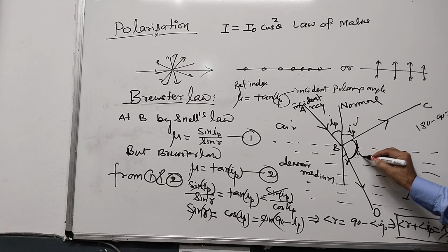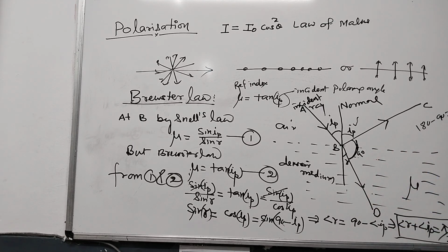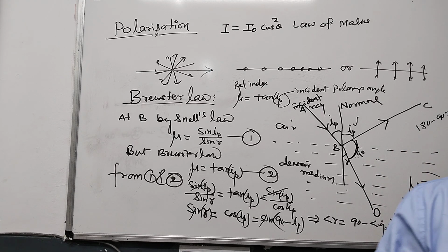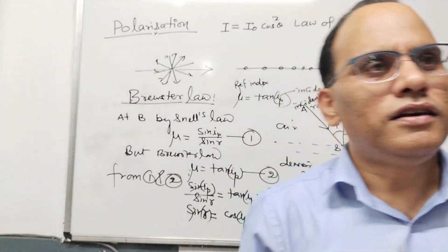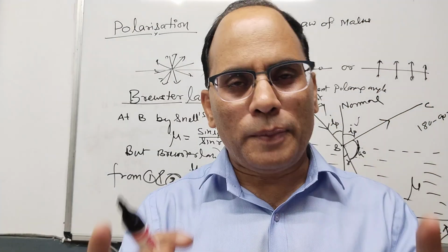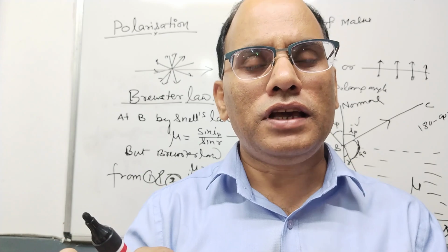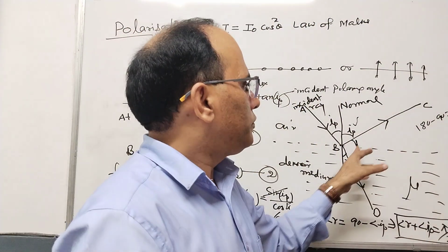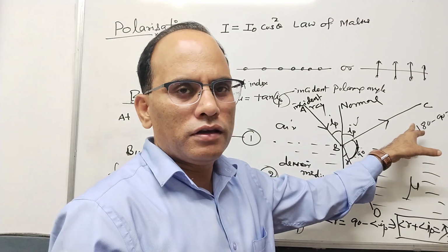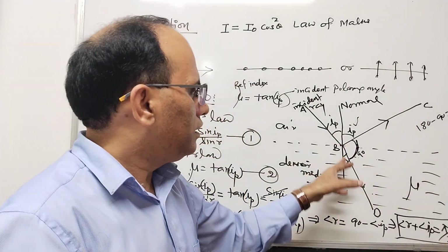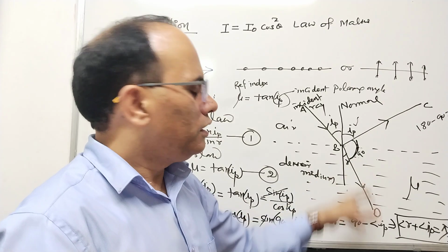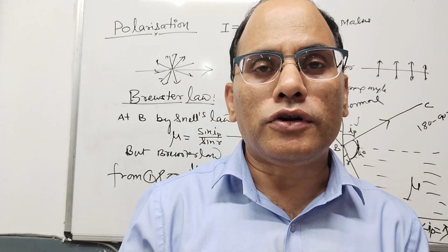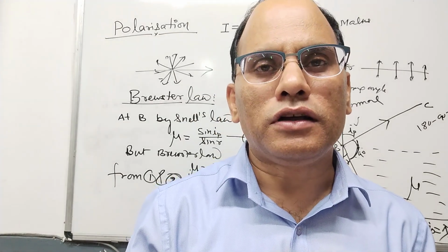So this is 90 degrees. That tells that your reflected ray and refracted ray are both perpendicular. The reflected ray is represented by BC, and the refracted ray is represented by BD. They are perpendicular. That is a very interesting result.